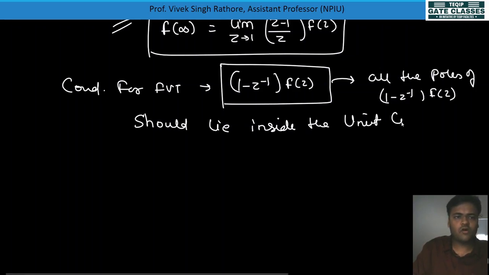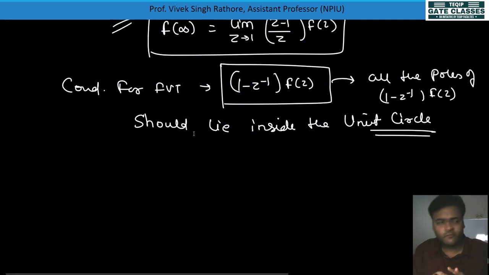Okay, so all the poles should lie inside the unit circle. This is the one most important condition for the final value theorem.